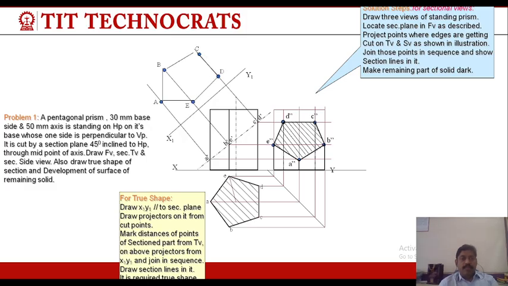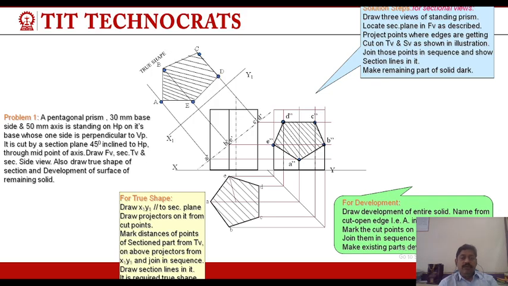Then this is a pentagon. This pentagon is the accurate true shape. This is how we can solve the section of a solid and the development of the surface of the remaining solid.